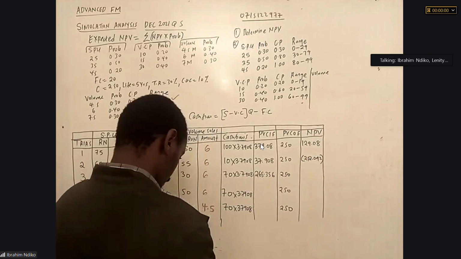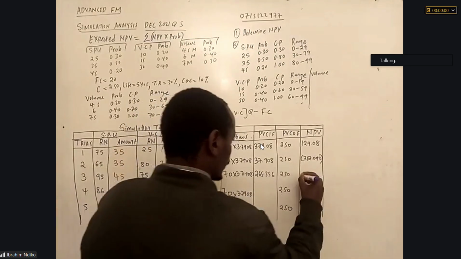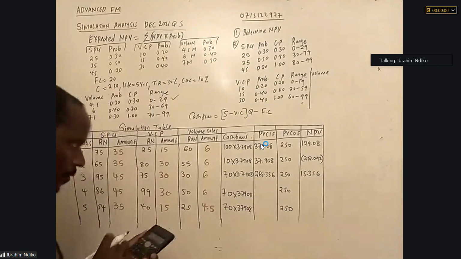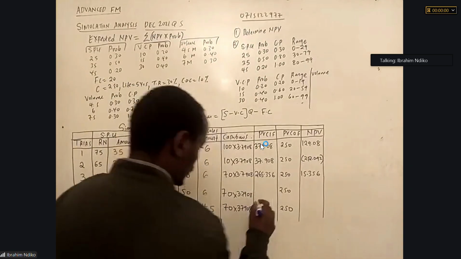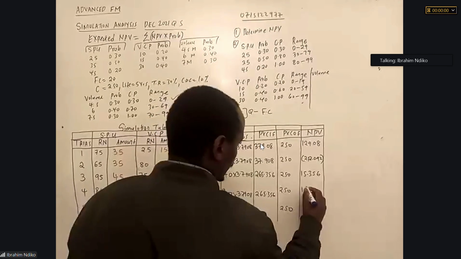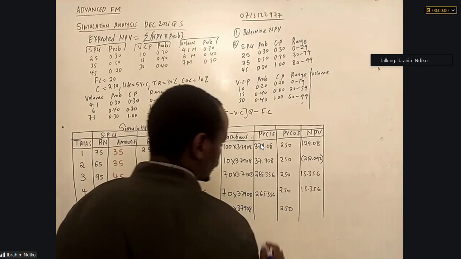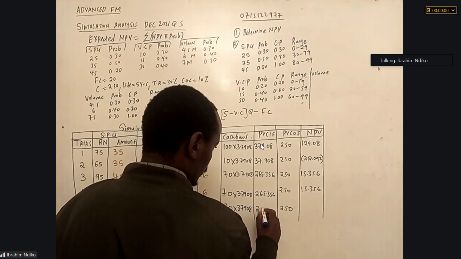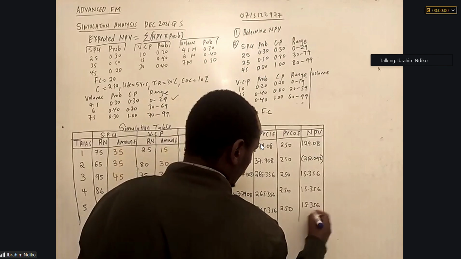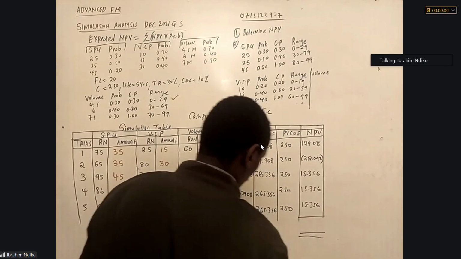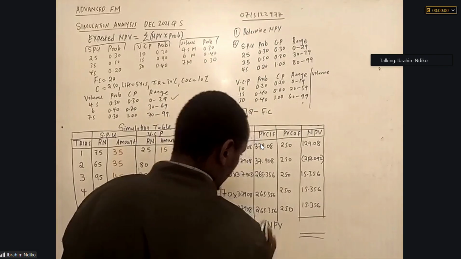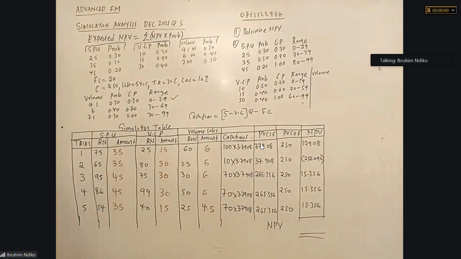265.356 minus 250, 15.356. See, what the same? 265.356, 15.356. Then total, the expected NPV.